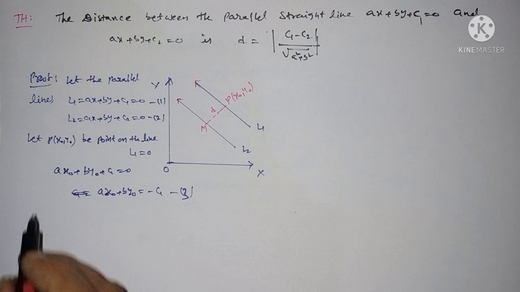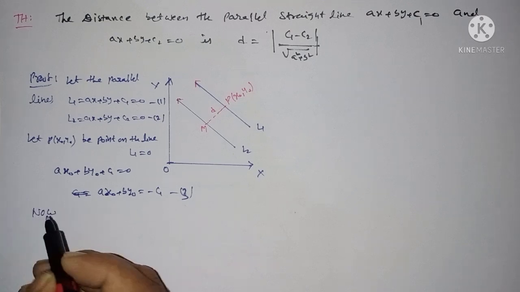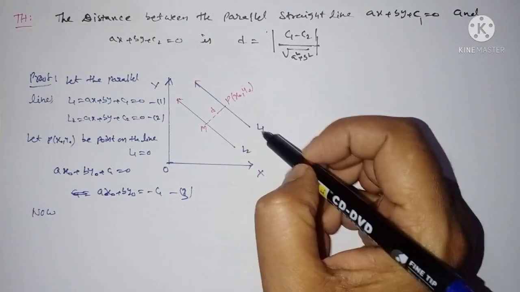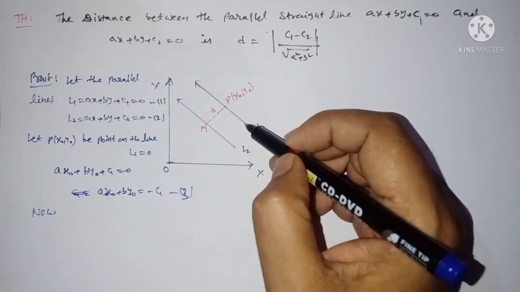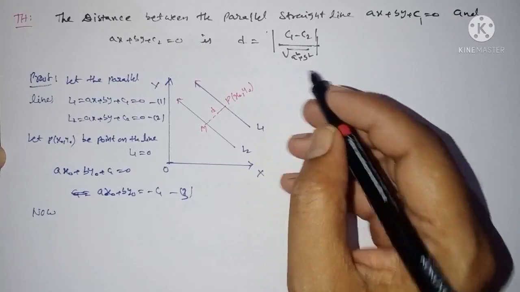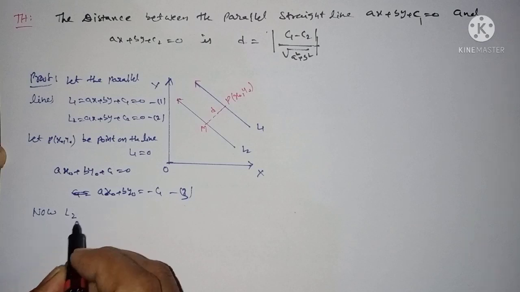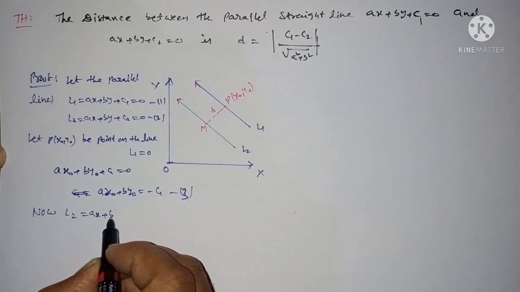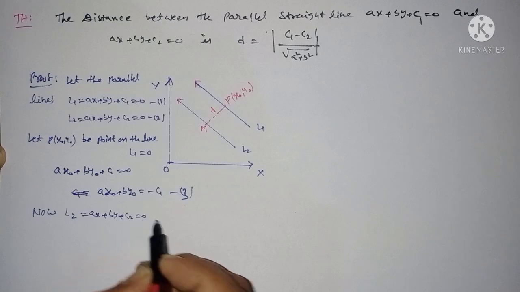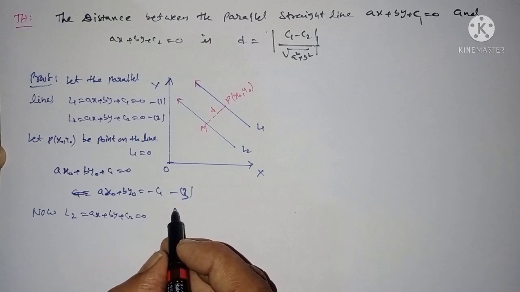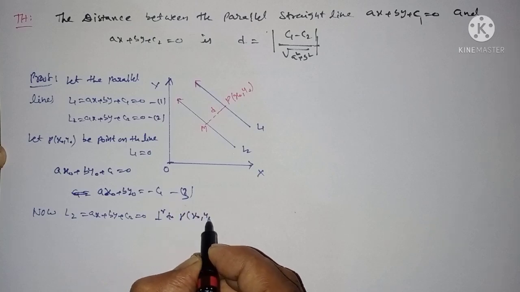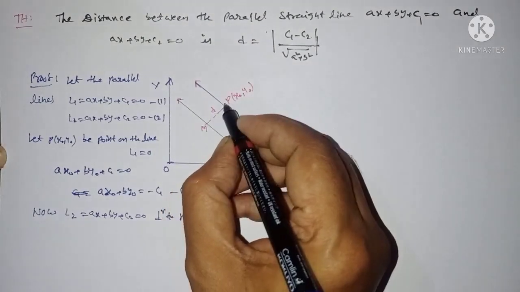Now, you can observe that previously one theorem is completed. It is the perpendicular distance from the point P of x0 comma y0 to the line L2, which is ax plus by plus c2 is equal to 0. This is the perpendicular distance only, na?